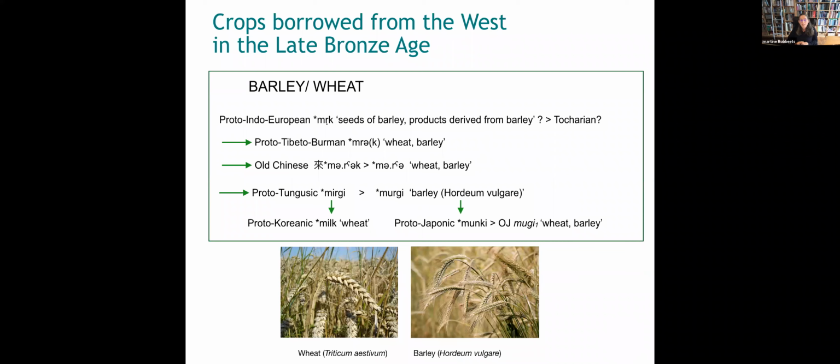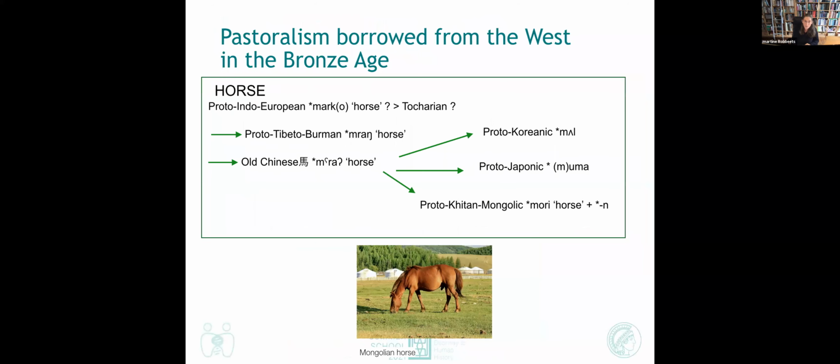In the late Bronze Age, we see other evidence for crops being borrowed from west to east. For instance, barley and wheat seem to have been transferred, if not from Indo-European, then from a kind of substratum that is also present in a number of European languages, from there into Proto-Tibeto-Burman, Old Chinese, and Tungusic, and from Tungusic independently in Koreanic and Japonic.